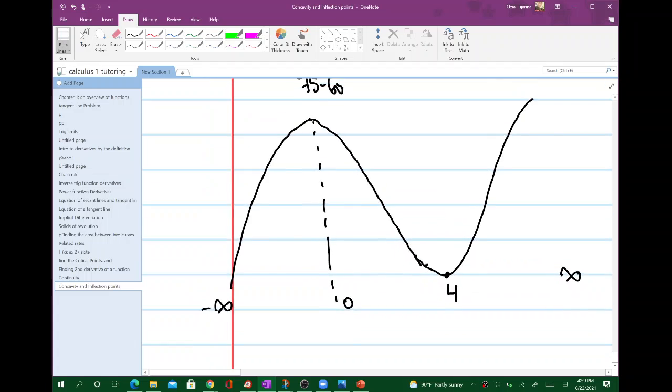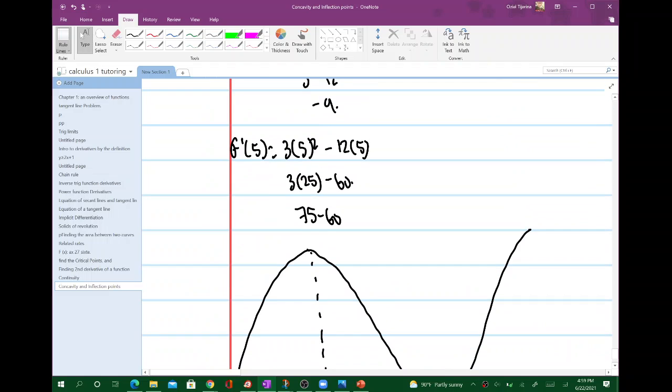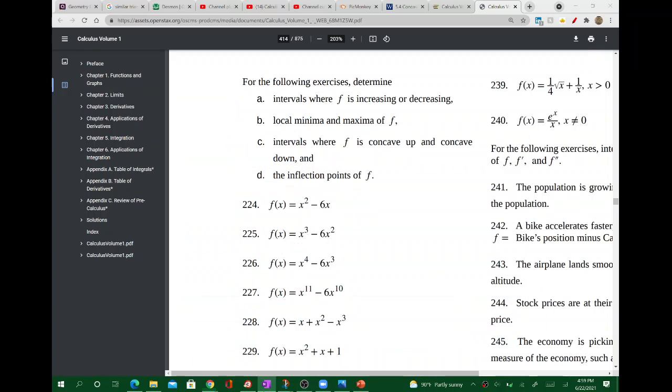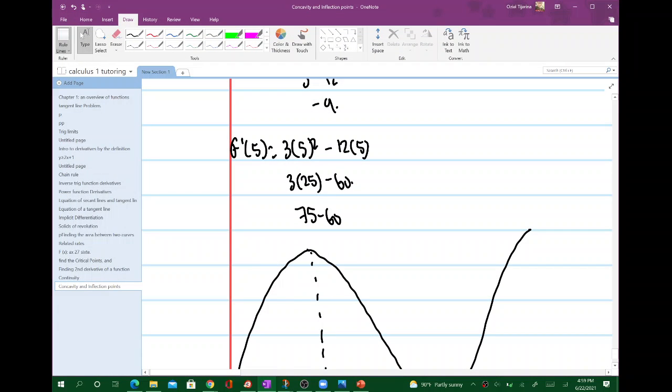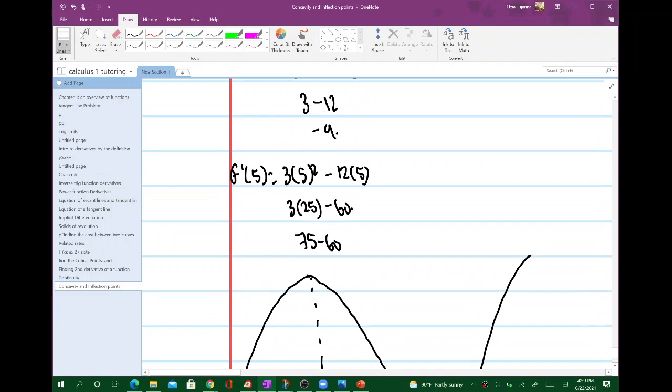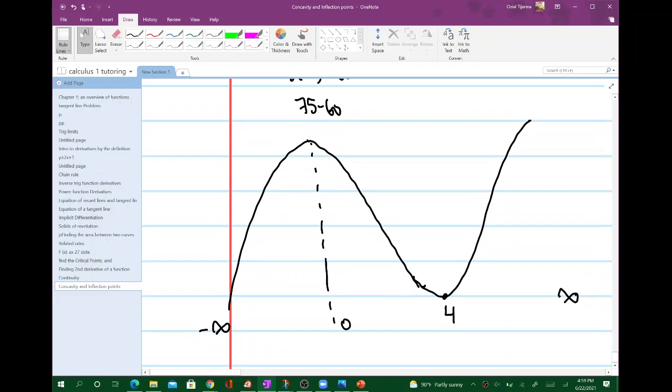To find the local minima and maxima, we know that at x equals 0, it's going to have a maximum value. And at x equals 4, it's going to have a minimum value. So this is minimum, and then this will be maximum, right?